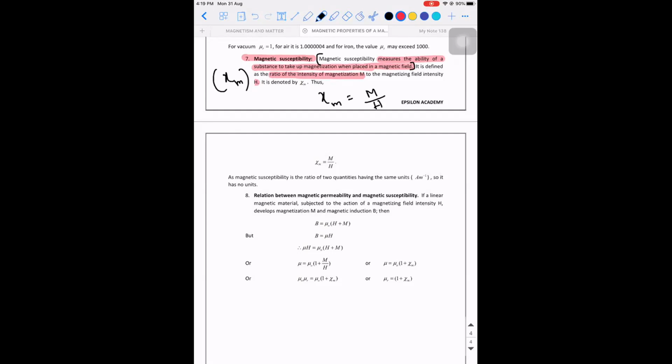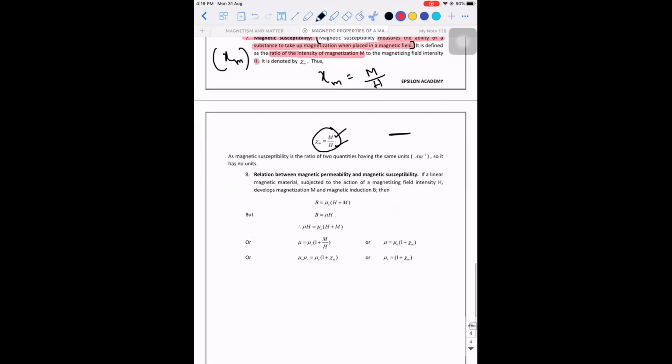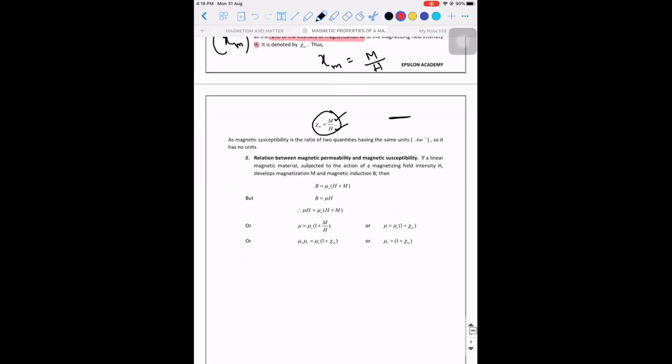So that is the formula. It is the ratio of the intensity of magnetization to the magnetizing field intensity. Is it clear?